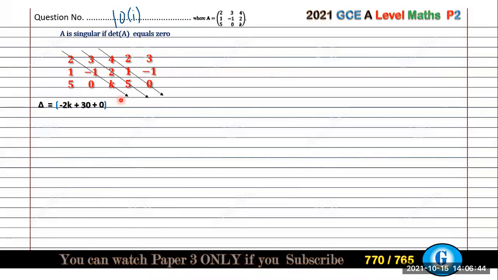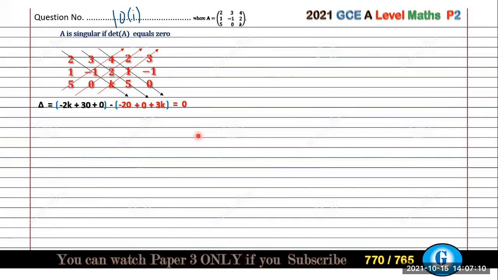So the sum of all of this, now minus, you take the off diagonals from bottom left. You have 5 times minus 1 times 4, that gives us minus 20, plus 0 times 2 times 2, 0, plus k times 1 times 3, which is 3k. So this is going to give us the determinant of the matrix, right?